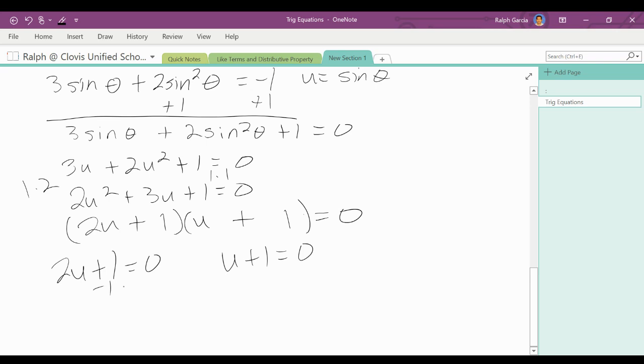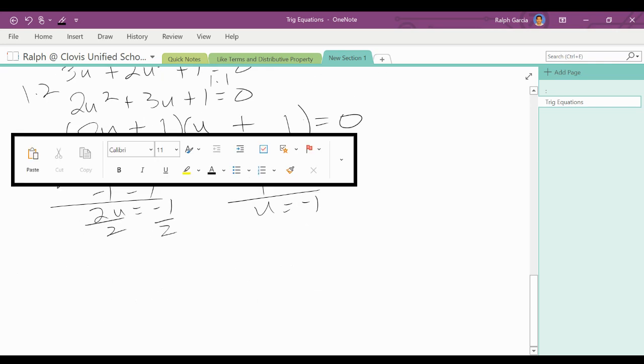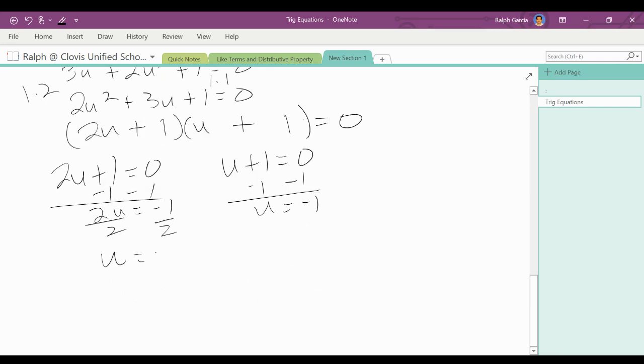Then I'll solve them. Subtract 1 to both sides. Divide by 2. Alright. So I get u equals negative 1/2 and u equals negative 1.